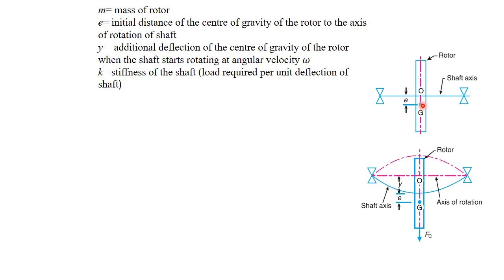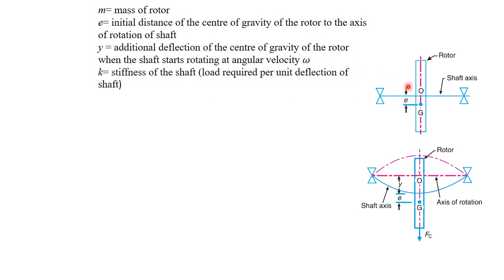If G is the centroid of the rotor, and this is the axis of rotation, there is a small distance between these two. That distance is what is called eccentricity.